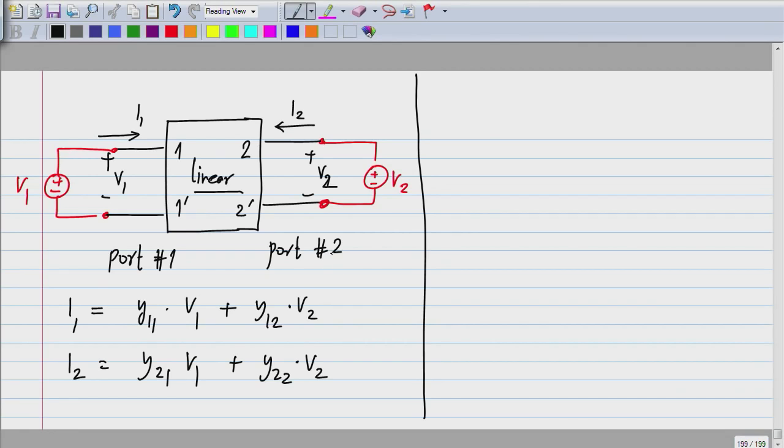So again, if you didn't understand how these relationships come about, first of all, it is a linear circuit, right? So linear circuit means superposition will apply.